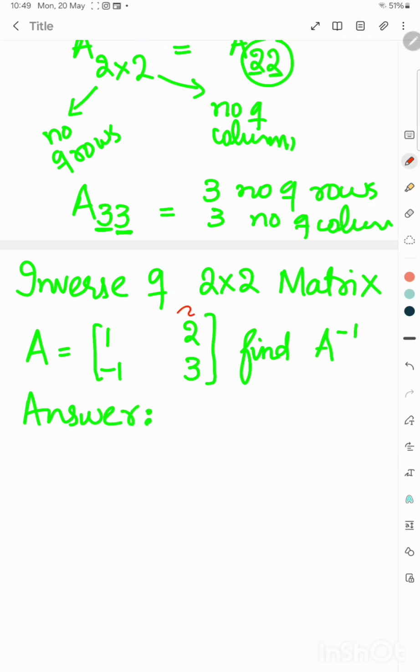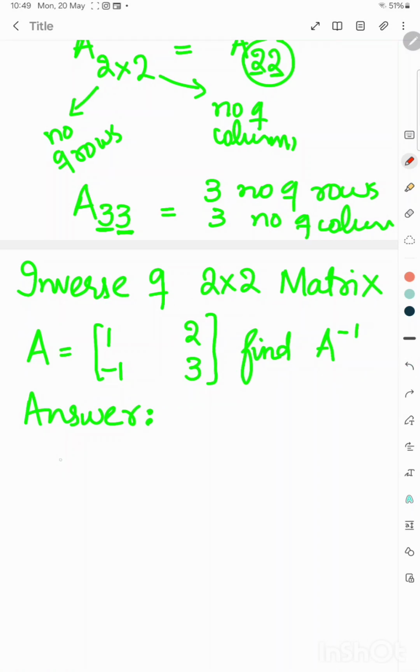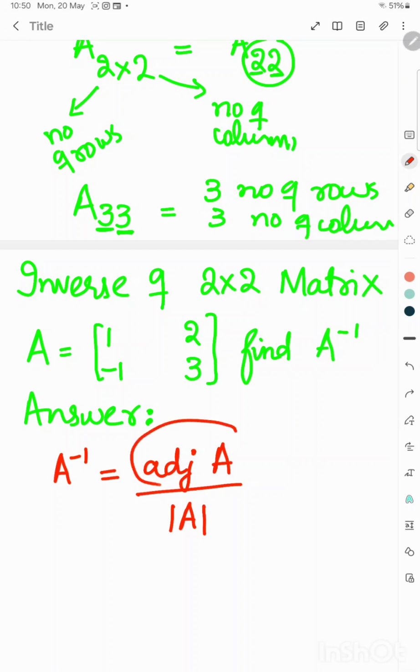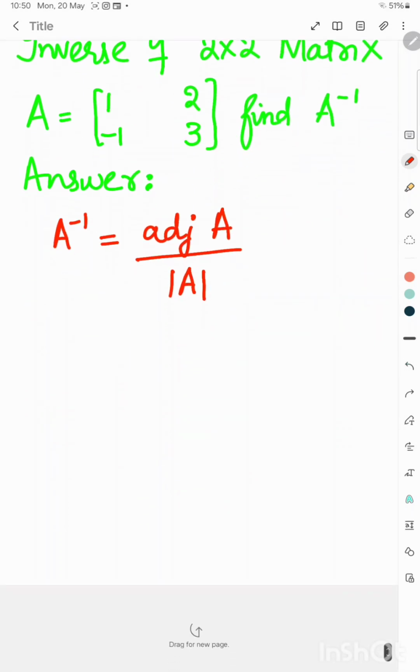So students, the matrix is given and we have to find A inverse. Always remember that if it is asked to find the inverse of any matrix, there is a specific formula used, and the formula for finding the inverse of a matrix is adjoint of A divided by determinant of A. In this formula we need two values, one is adjoint of A and the second is determinant of A. So how will we find them?